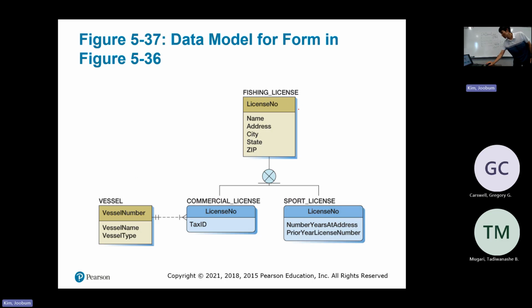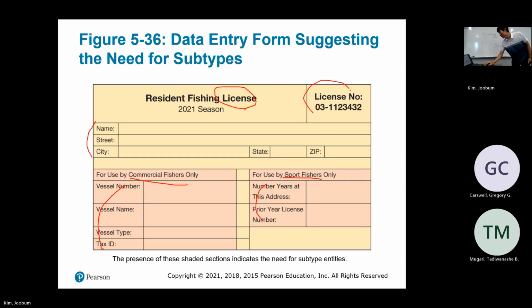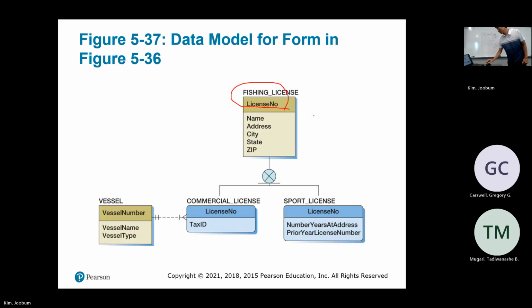Fishing license, license number can be the ID, primary key. And then the subtype, especially an exclusive subtype. It can be commercial or sports. Okay, so this is an entity. The license number is from fishing license.